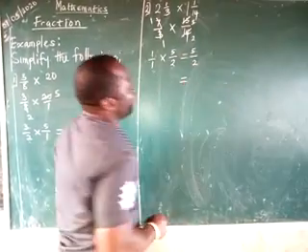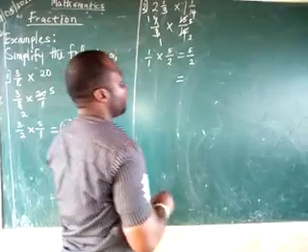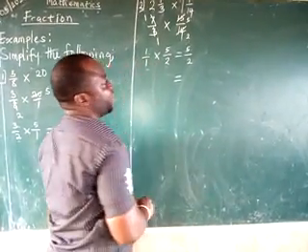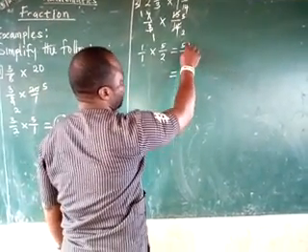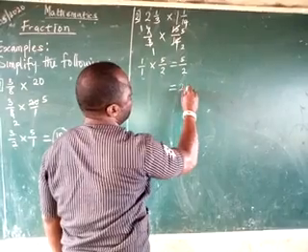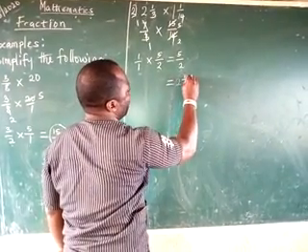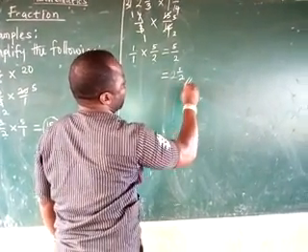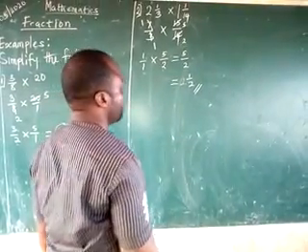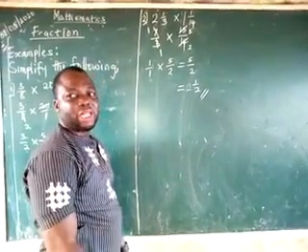Here is another improper fraction. Like I said earlier, leave your answer in mixed fraction when you arrive at this. 2 in 5, 2, remainder 1 over 2. So the answer is 2 number 1 over 2. I want to believe we are clear with this.